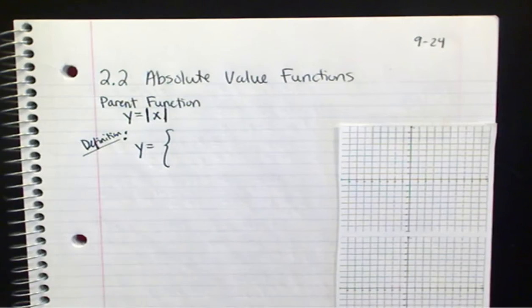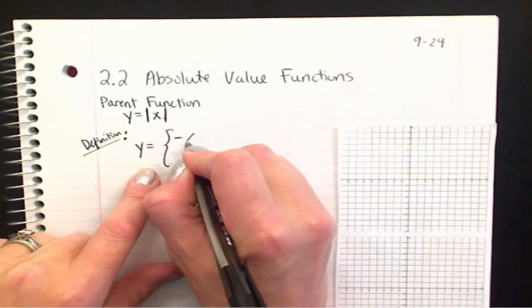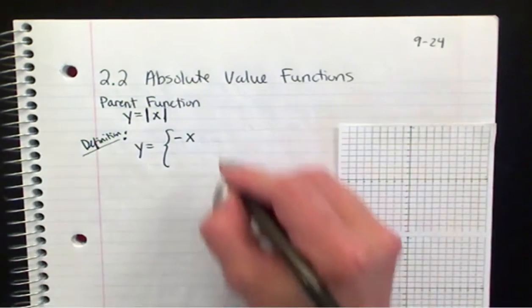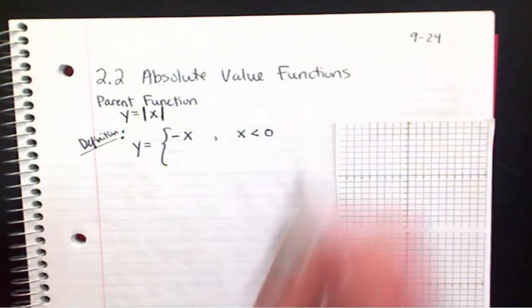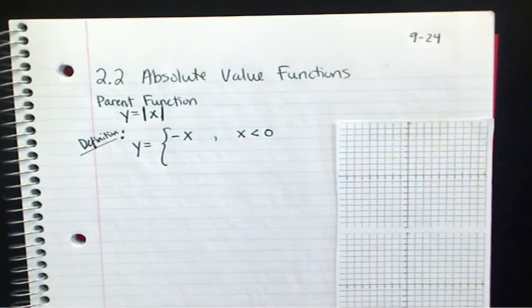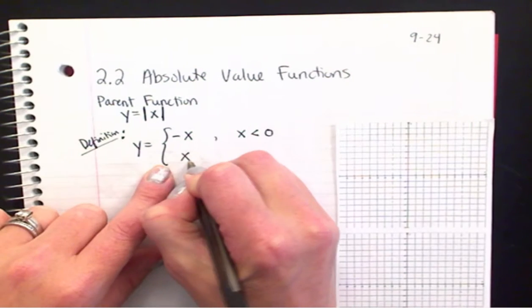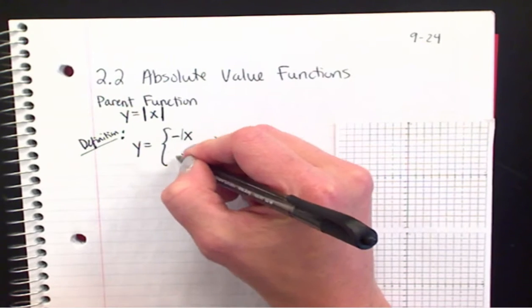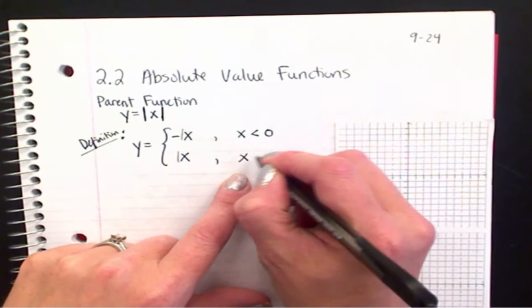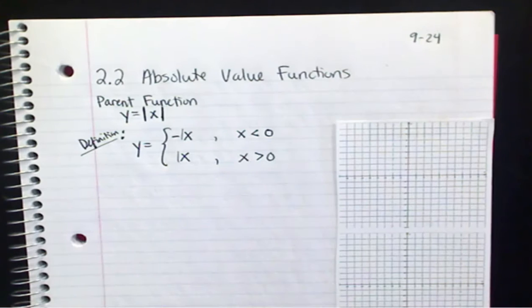I'm going to do it as 2 parts. The first part is negative x, domain x less than 0. The second part, x, positive 1 slope, domain x more than 0. I left off an equals for momentarily.